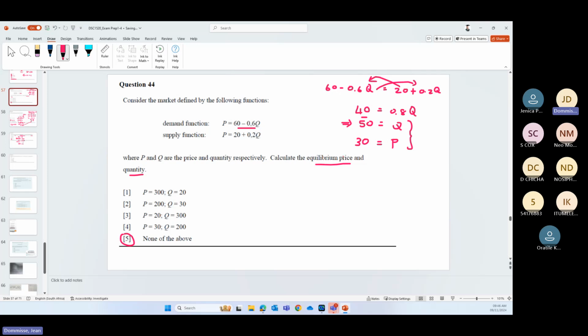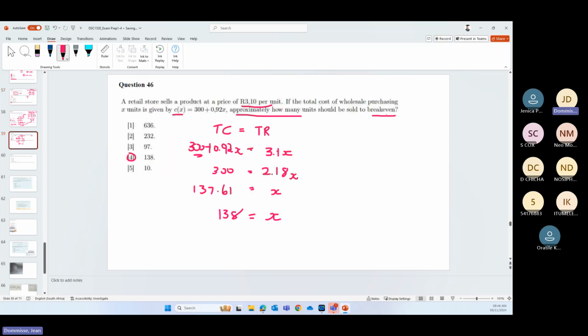We did equilibrium, and equilibrium is always between the demand and supply function. And now we did break even, where break even is always between cost and revenue. So I think just remember those two.